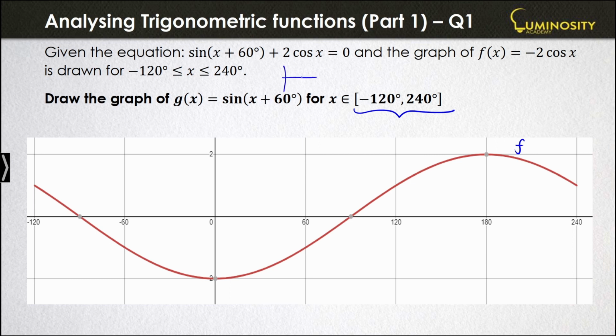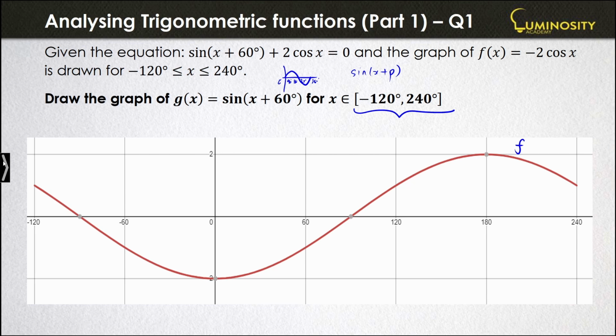The original parent graph was sine, right? Roughly looking like that: 0 degrees, 90, 180, 270, and 360. Plus 60 degrees, so that's in the general form of sine of (x plus p). So that's a horizontal phase shift of 60 degrees. And because it's positive, it's phase shifting to the left by 60 degrees.